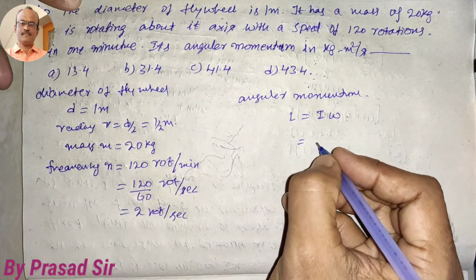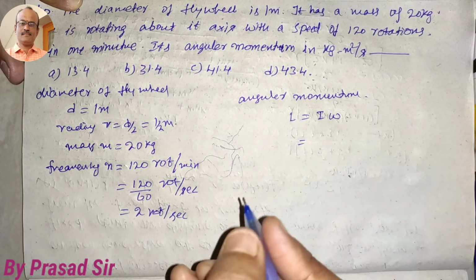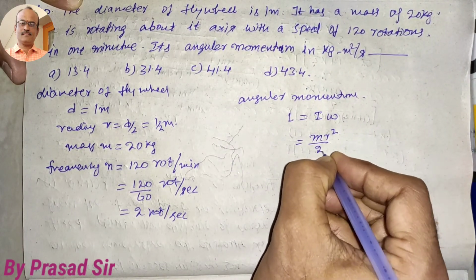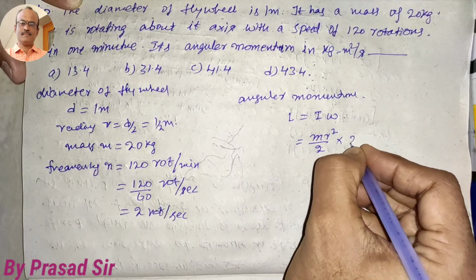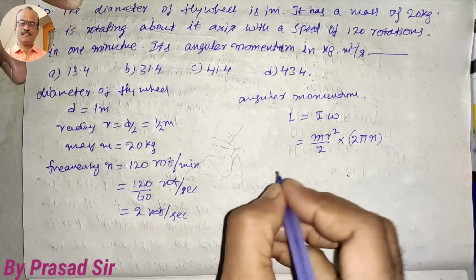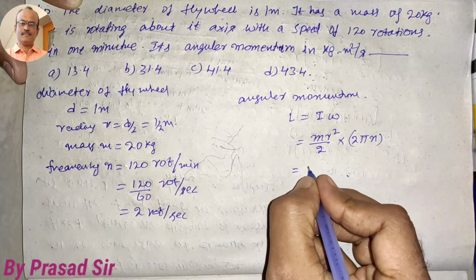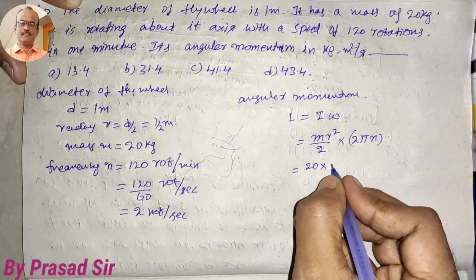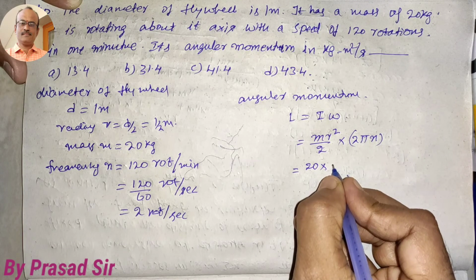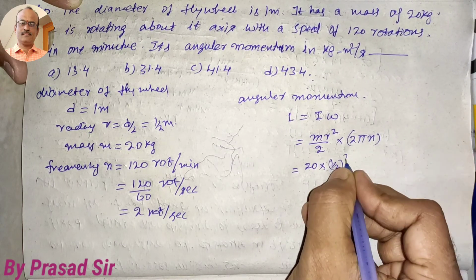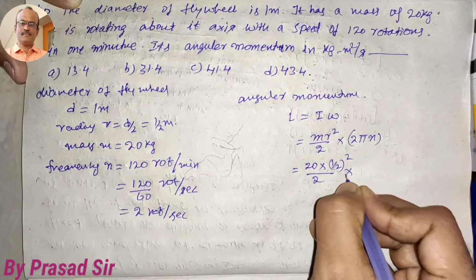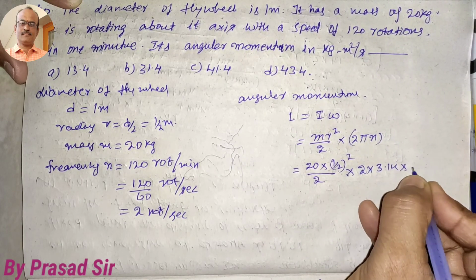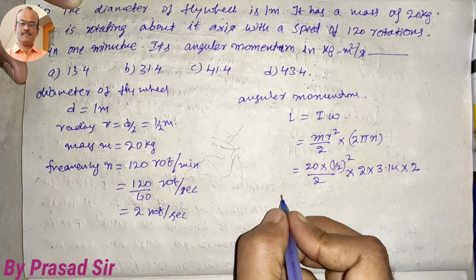So what is I? It is the flywheel, about an axis passing through the center. So that means moment of inertia is m r square divided by 2, and omega is nothing but 2 pi n, where n is the frequency. Mass given is 20, into radius 0.5 whole square, that is 1 by 2 whole square, divided by 2, into pi, which is 3.14, into frequency, which is 2.